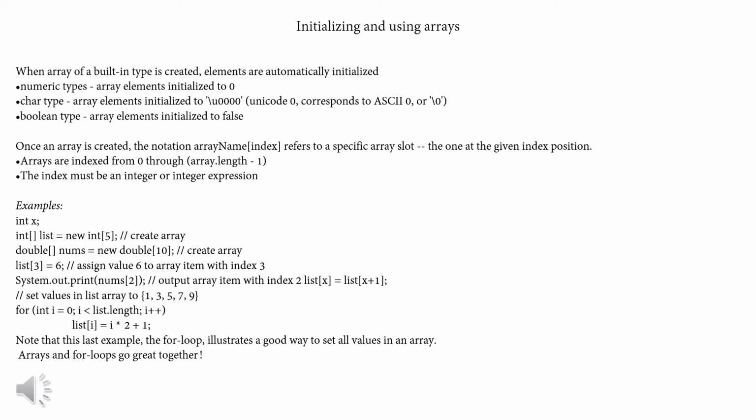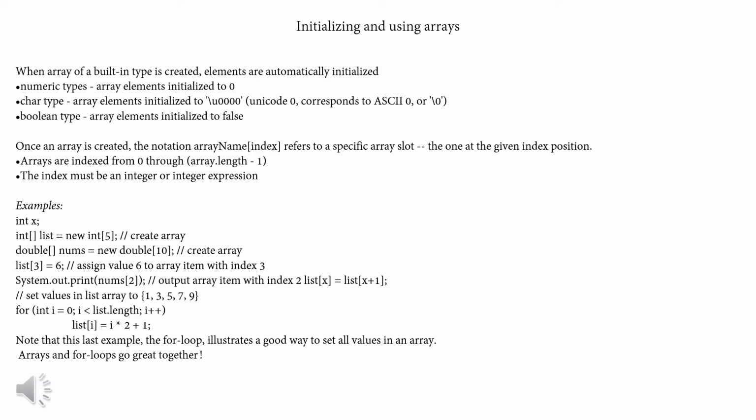As you see, for example, we have created an array with the name list and with 5 elements, or we have created an array with the name nums that has the type double and has 10 elements. Then we have assigned the value 6 to the element with the index of 3 in our array with the name list.